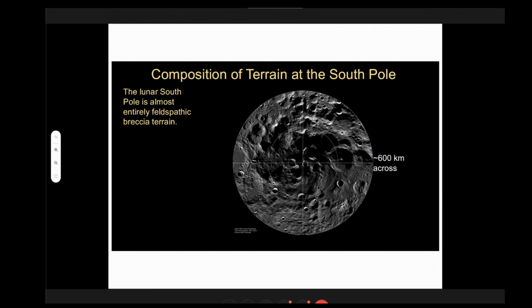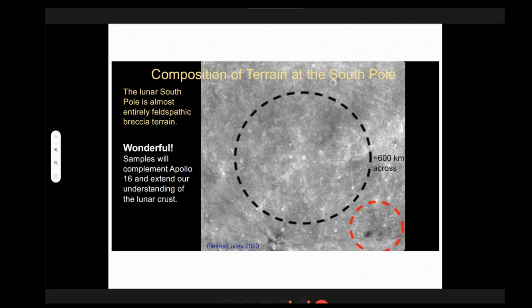Okay, so go on to the next slide. It's wonderful that this is a feldspathic terrain. It gives us an additional sample from Apollo for the feldspathic terrain, of which we really have Apollo 16 and a little bit from Luna 20.